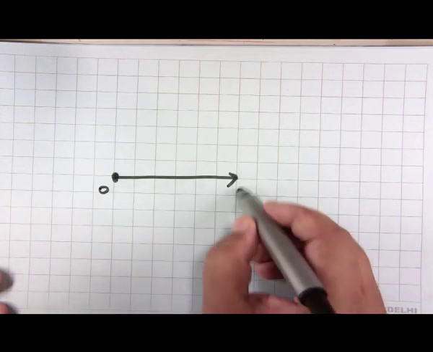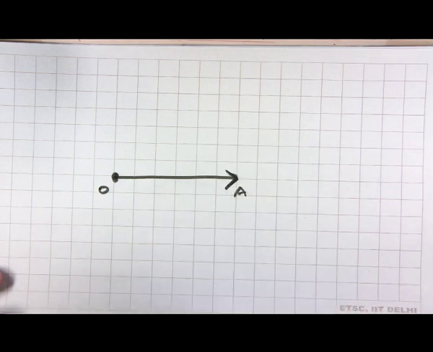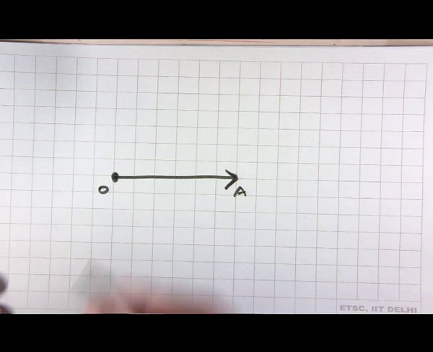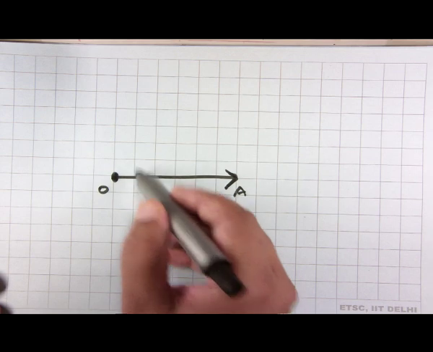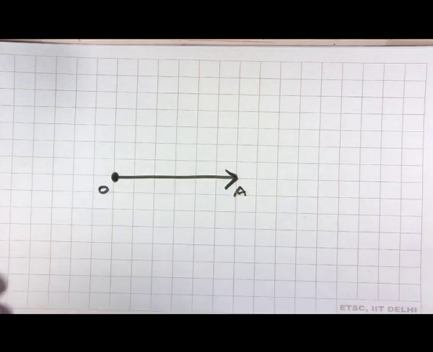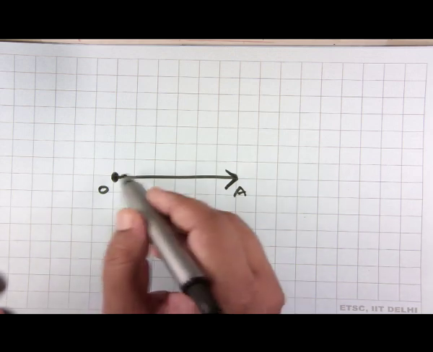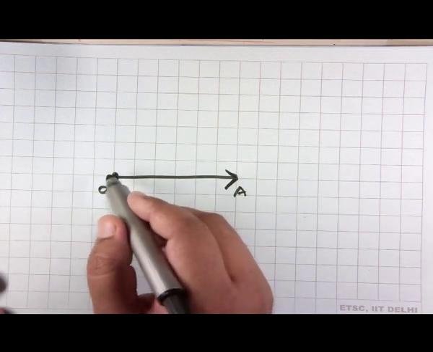Now, let us again look at that ray OA. If one complete revolution is going to be called 360 degrees, then let us do only 1/4 of a revolution.